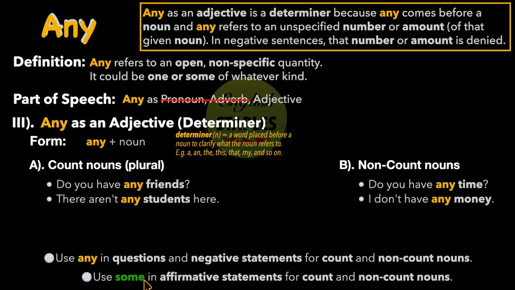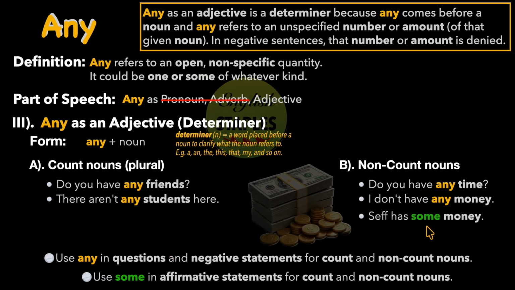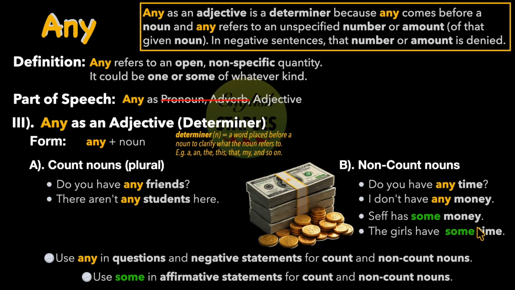Use some in affirmative statements for count and non count nouns. So let's look at this non count. Seth has some money. The girls have some time. So we see these non count money and time, non count, but we see some because these are affirmative statements.